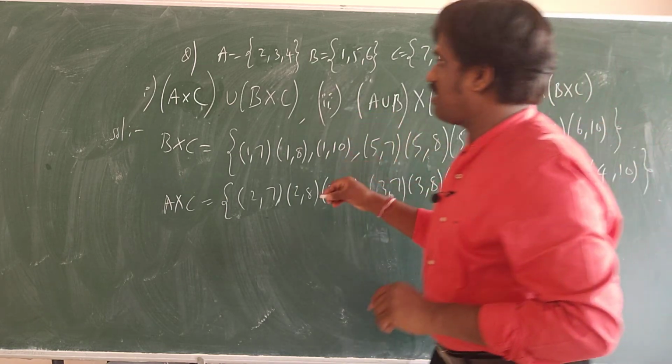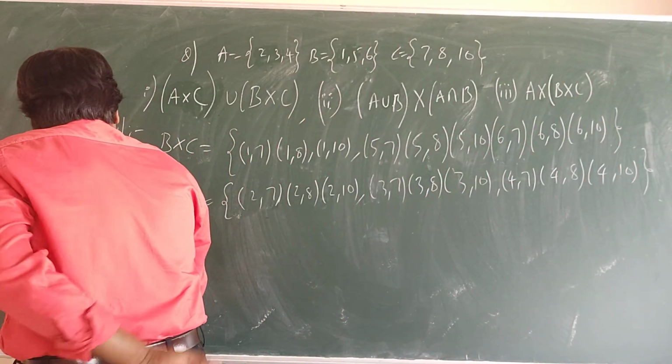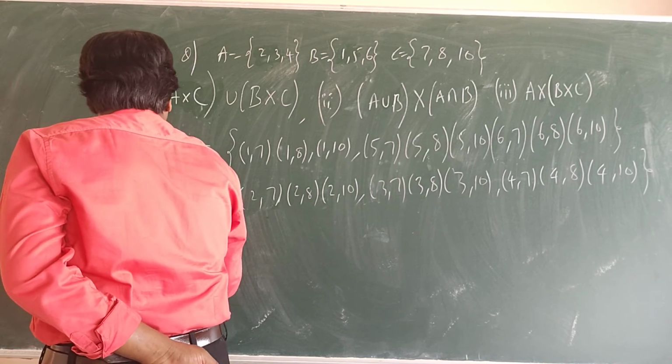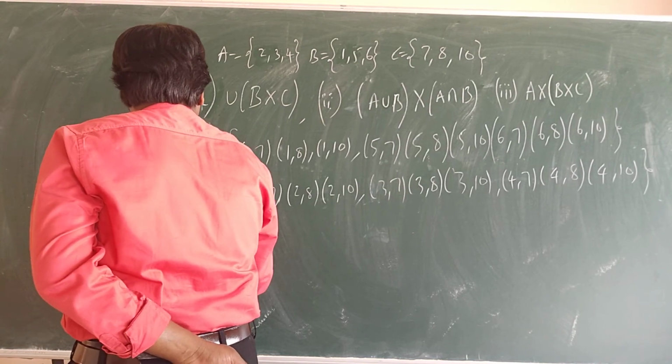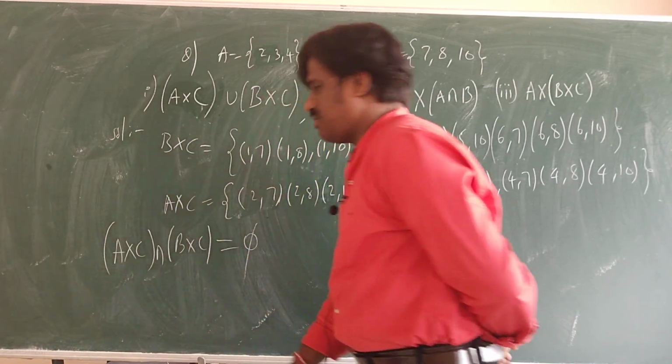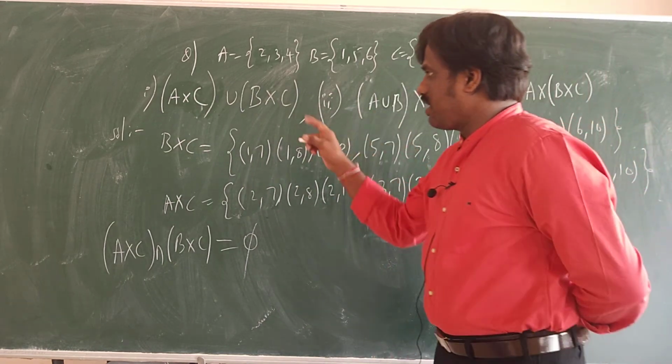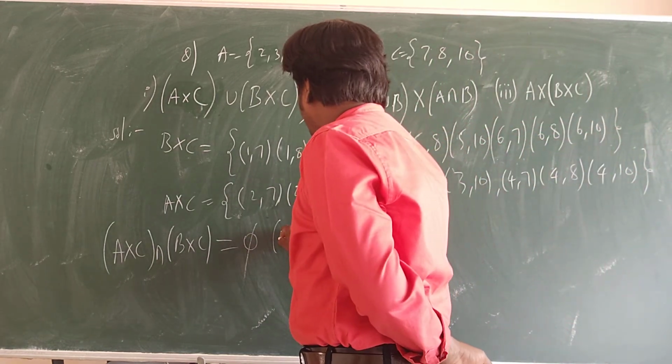Suppose they ask A cross C intersection B cross C, then the answer is phi. If it is union, the same question is union.